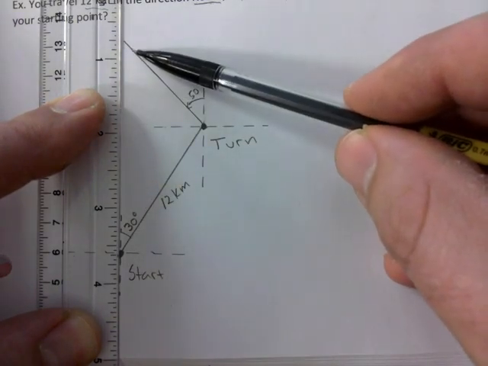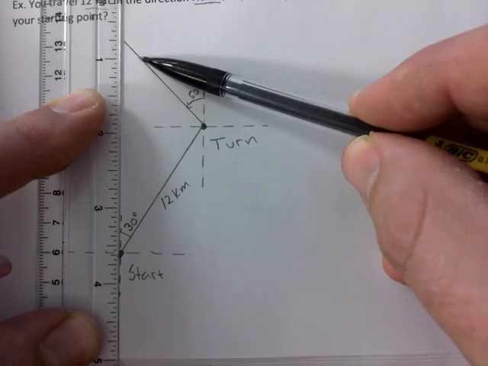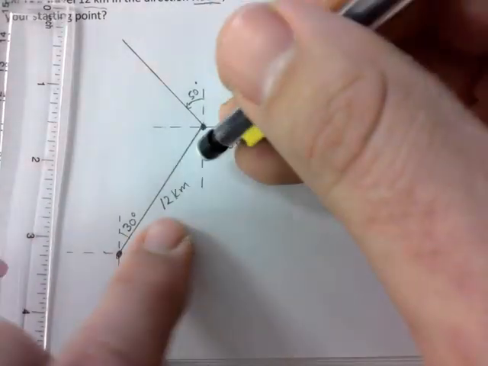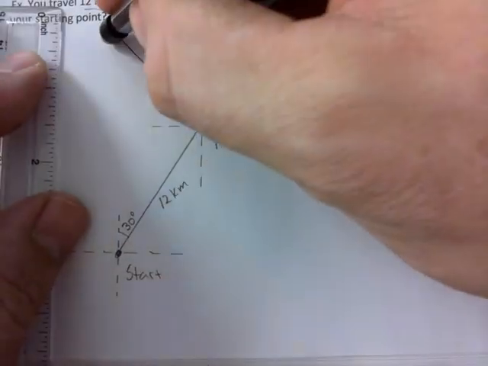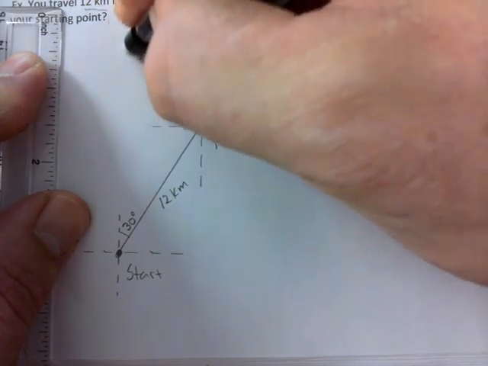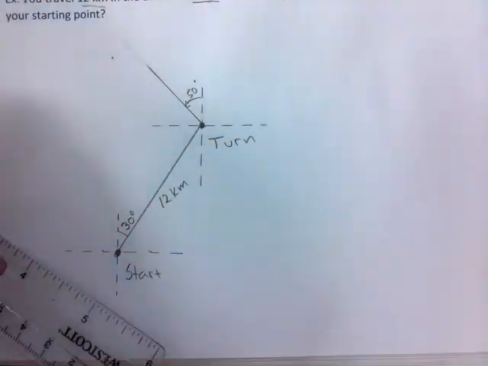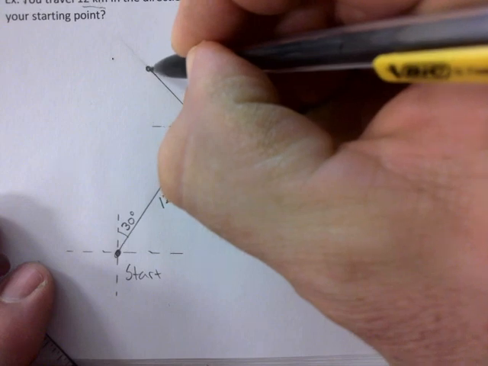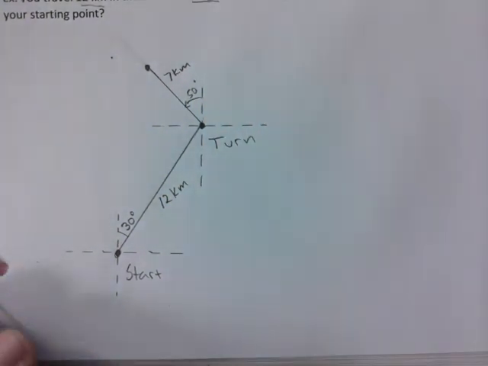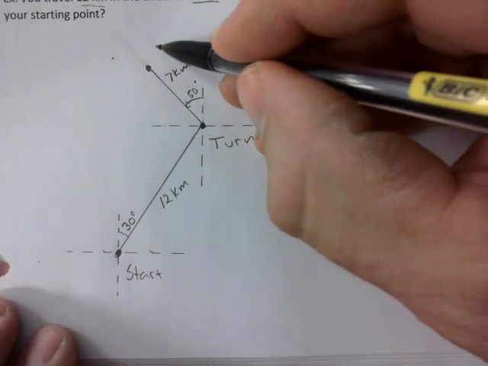So my suggestion to you would be to stop sooner or shoot past. But this is 12 kilometers and this is 7, so I'm going to make this shorter. Okay, so I'm going to stop right here and make this 7 kilometers. This is end. I'm going to call this end.